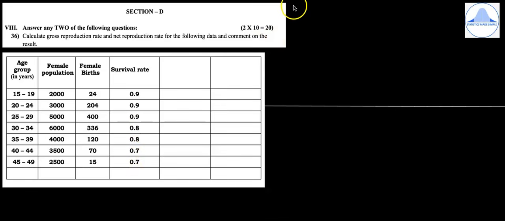So let us start the problem. We'll start with the first subdivision, subdivision A, that is GRR. Write the formula: GRR, that means gross reproduction rate, is equal to 5 times summation WSFR. WSFR is women specific fertility rate. This formula will carry 1 mark.